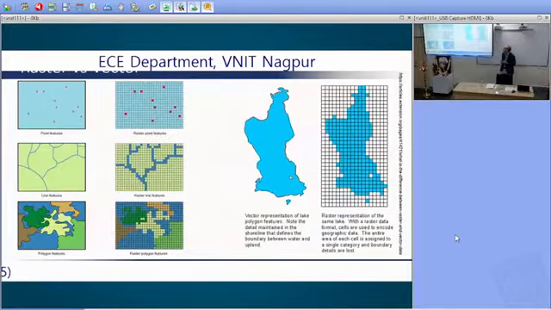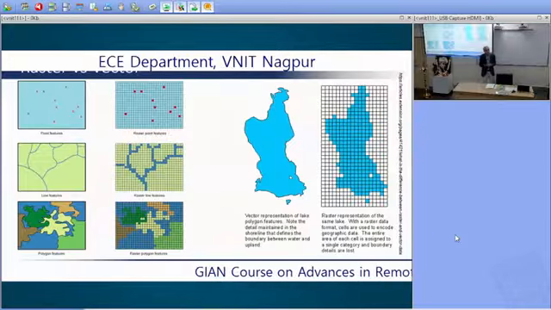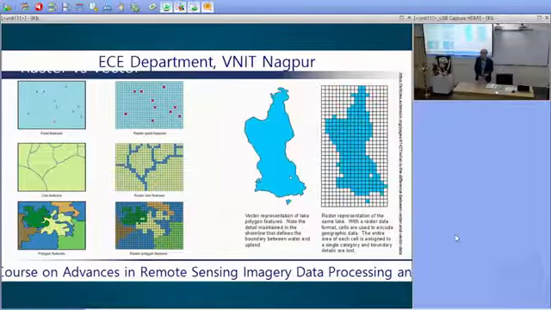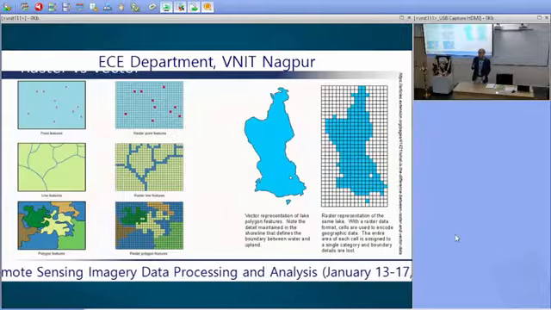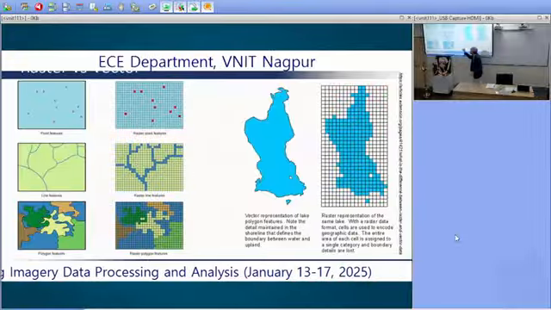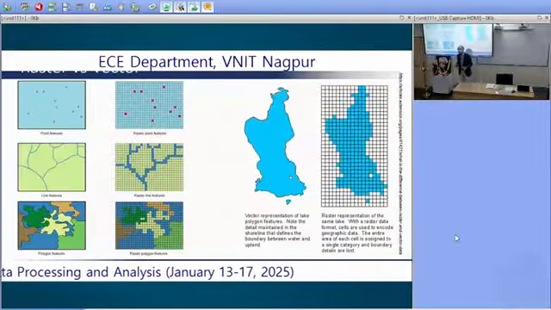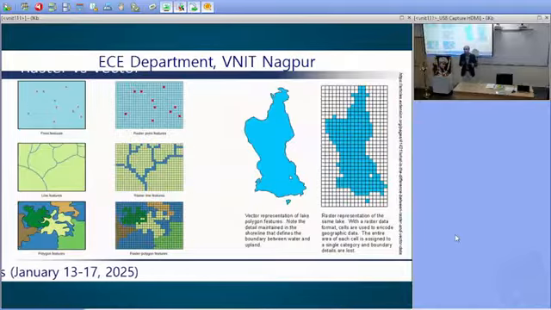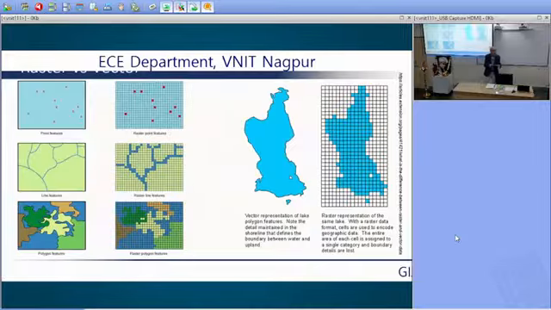There's always distortion. We can call it distortion, or we can call it error, or quantization error. If any of you has a background in signal processing, you may understand the expression quantization error. With vector data, you can be almost infinitely precise about the location of the object because you're not bound to be either in one pixel or in the next pixel.